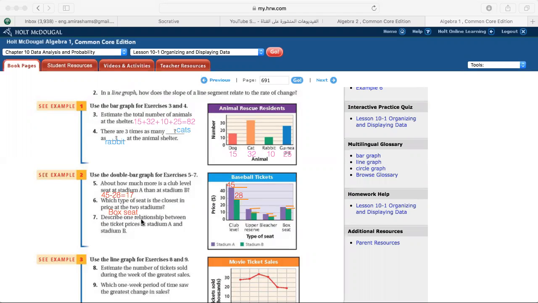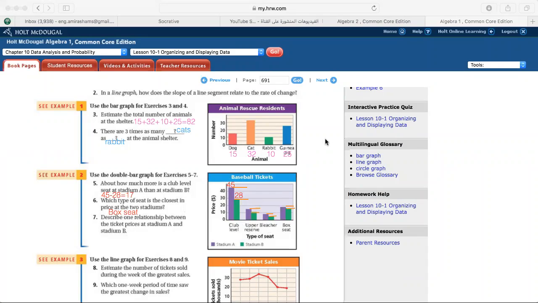Describe one relationship between the ticket prices at Stadium A and Stadium B. What do you think? Do you feel that there is a relationship between both of them, the purple and the green? What is the relationship? What is repeated in the four kinds of seats here, the club and the upper and the bleacher and the box?